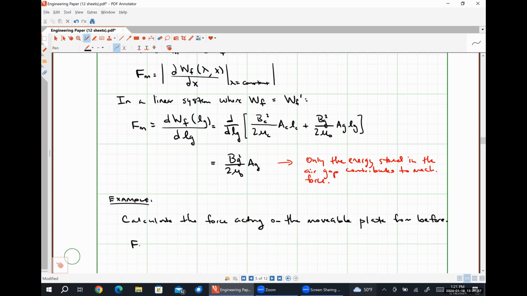So our mechanical force, Fm, is flux density in our gap squared over twice mu naught, times Ag.